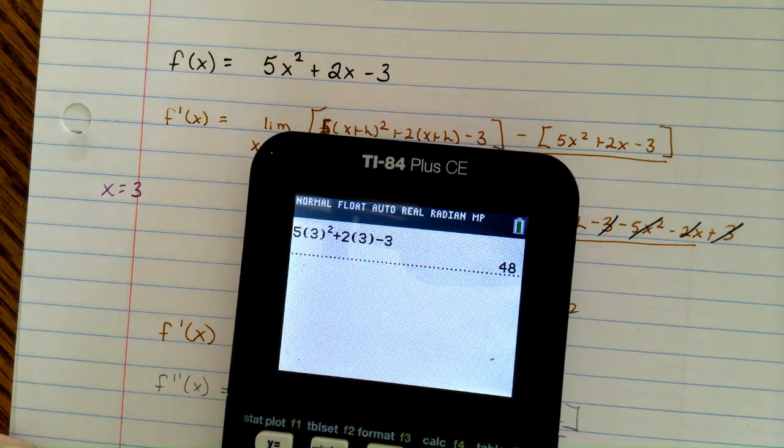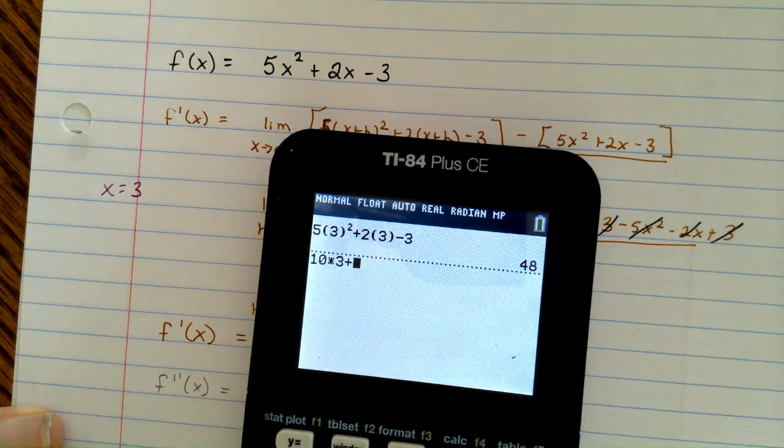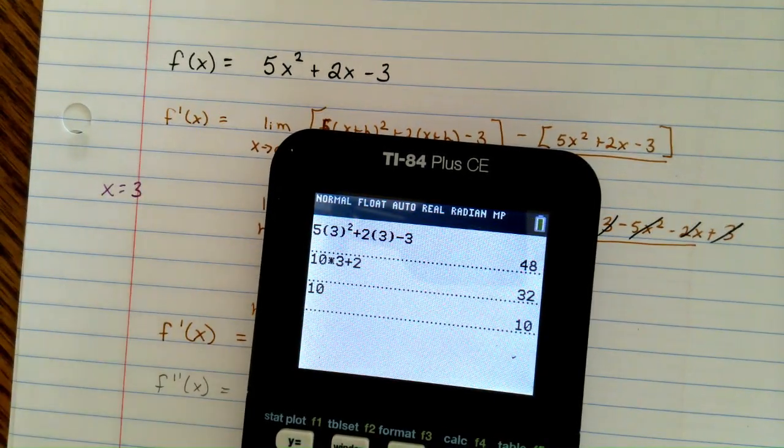My position would be 48 feet in the air. My velocity would be 32 feet per second. And my acceleration would be 10 feet per second squared. Apparently I have constant acceleration here.